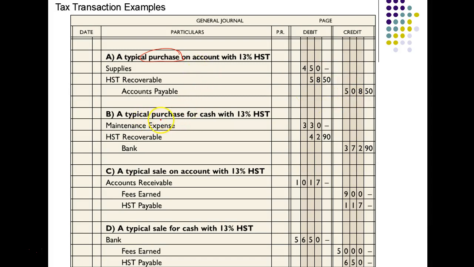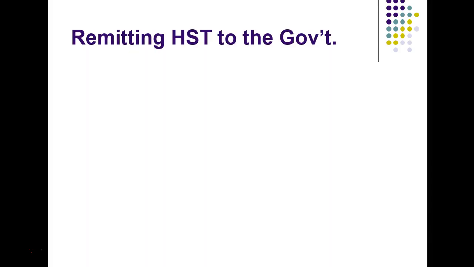Anytime you make a purchase for cash, your transaction is going to look like this. Anytime I sell something on account, the transaction will look like this. And anytime I sell something for cash, the transaction is going to look like this. So please make sure that you're referring to this when you're doing your transactions from this chapter.